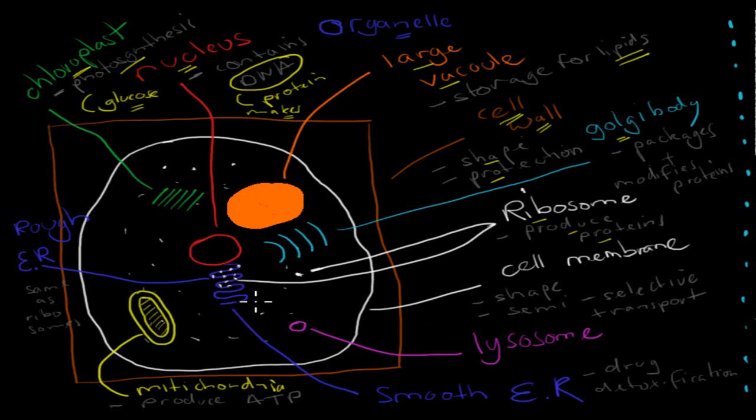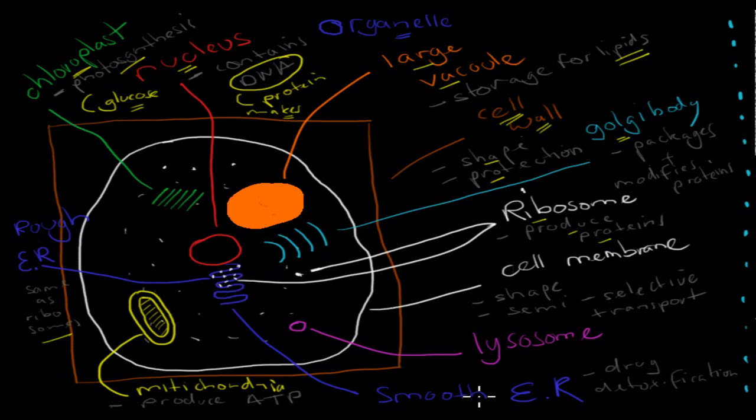Right? Rough ER is full of ribosomes, and those ribosomes will make those proteins. So remember, rough ER, rough because those ribosomes are spotted all over the actual endoplasmic reticulum. That's what ER stands for. And rough ER is responsible for making proteins because it has lots of ribosomes attached.